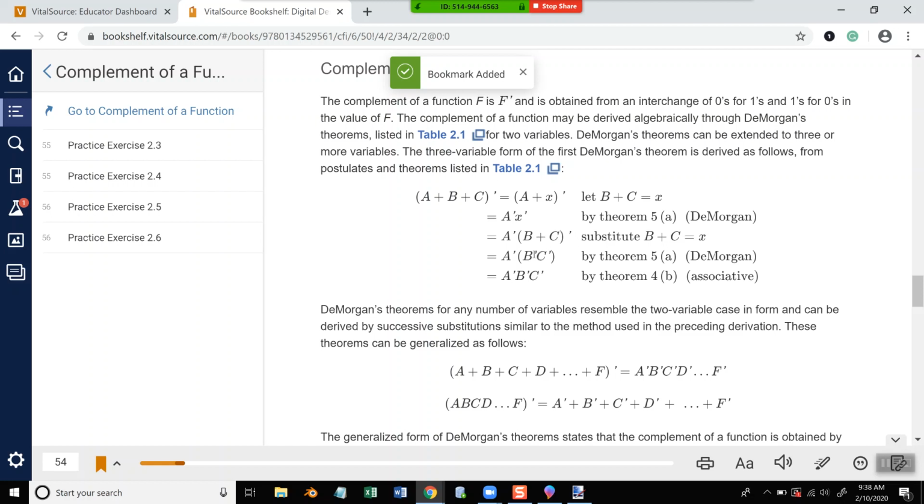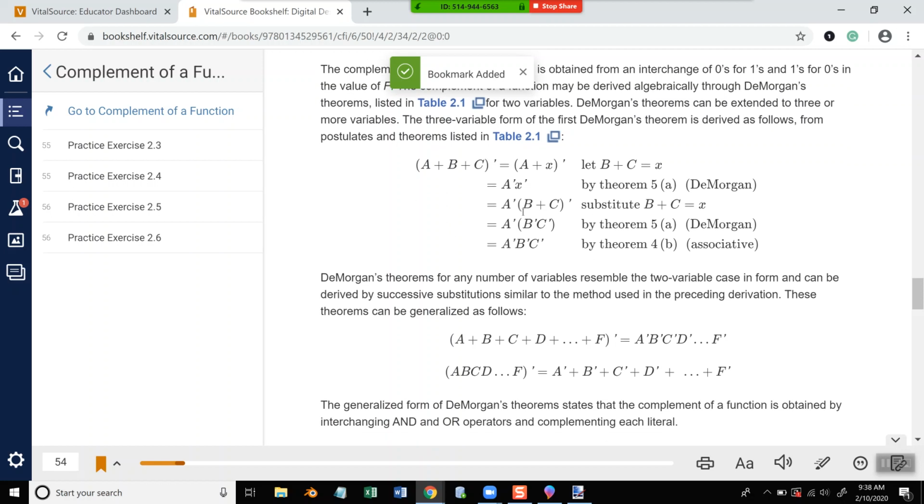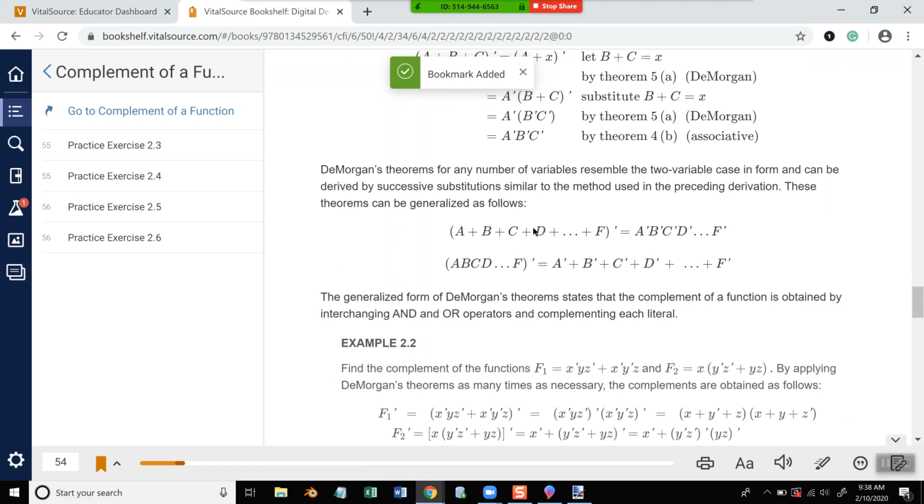So you rewrite as multiplication, put a prime on each one of those. And from the associative law, you can drop those parentheses, because it doesn't matter if you multiply those two together first, or if you do the a and b first. So that shows you can do it for 3. You can actually do it for however many.